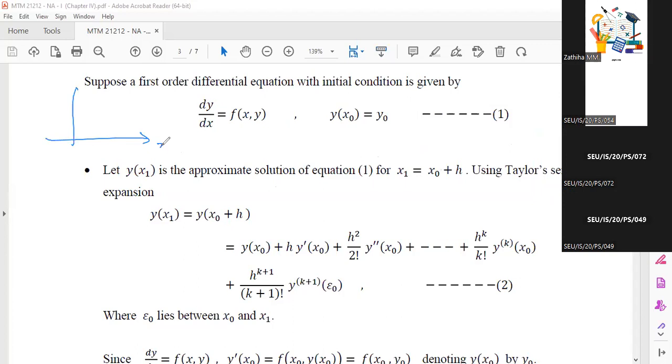If this is our x coordinate and this is the y coordinate of a function of x, and this is our x naught and this is x1, we are dividing the interval into points. The distance between the next points will be h, which we call the step size.